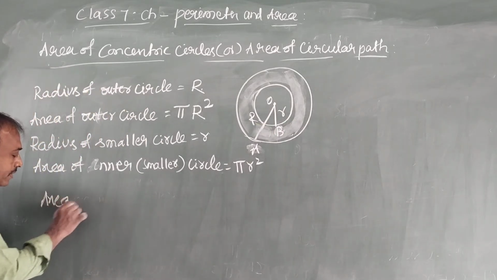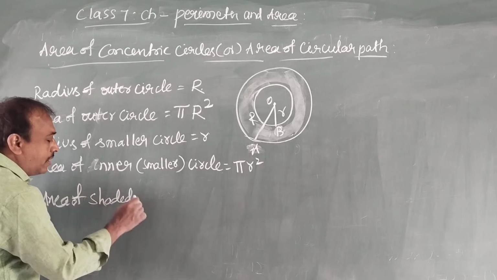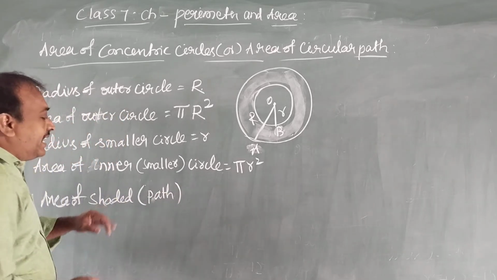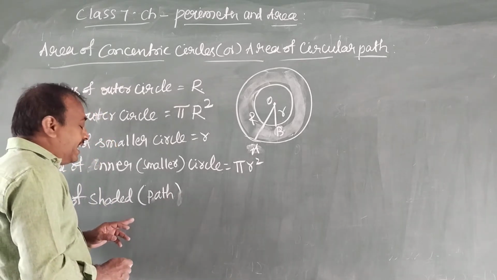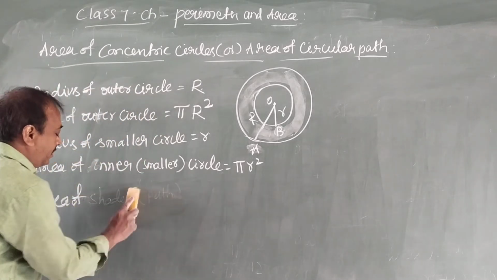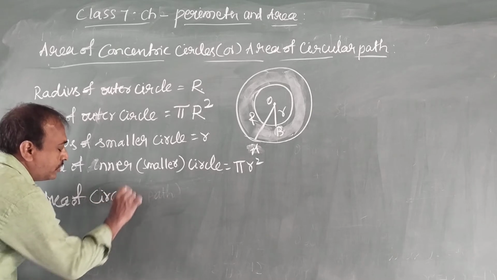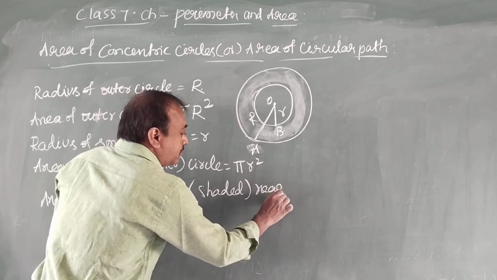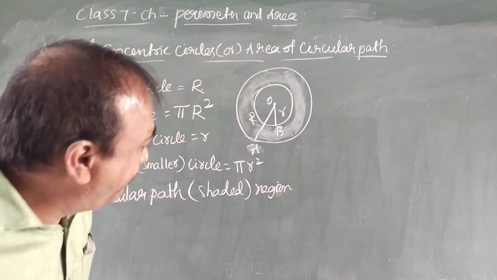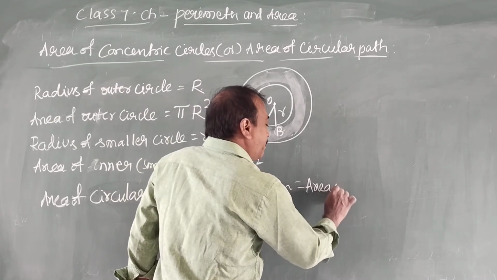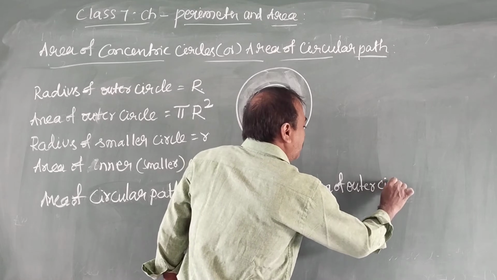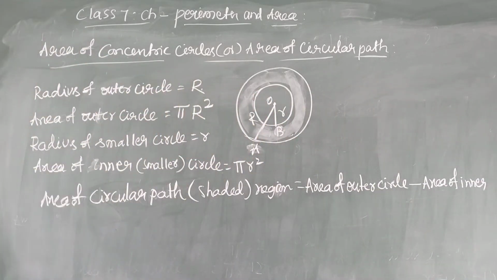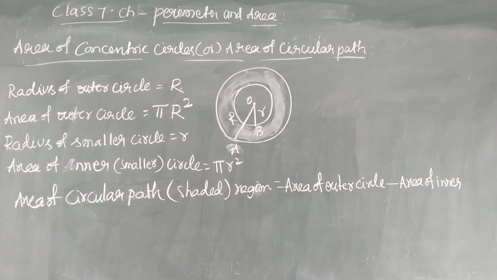So the area of the shaded region, or circular path, we will obtain clearly as the area of the outer circle minus the area of the inner circle.